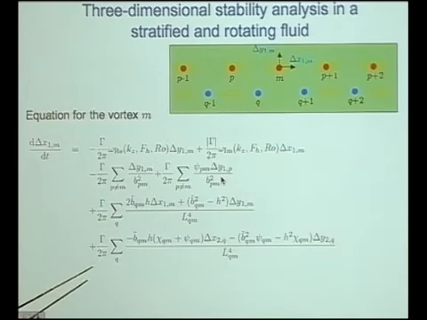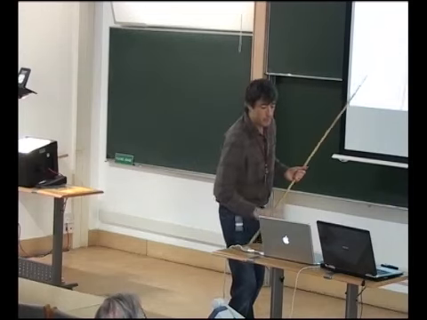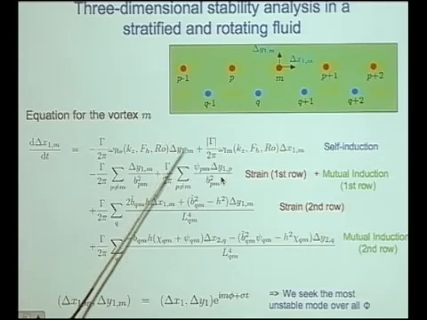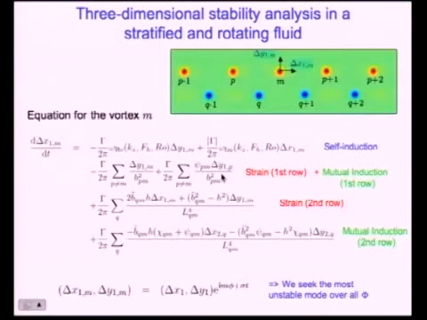This is, for example, the equation for the displacement perturbation of this vortex in this direction. These equations are quite complicated because you have to take into account all the effects of all the vortices, so all the strain and mutual induction effects of each vortex. Here the first line is the self-induction.